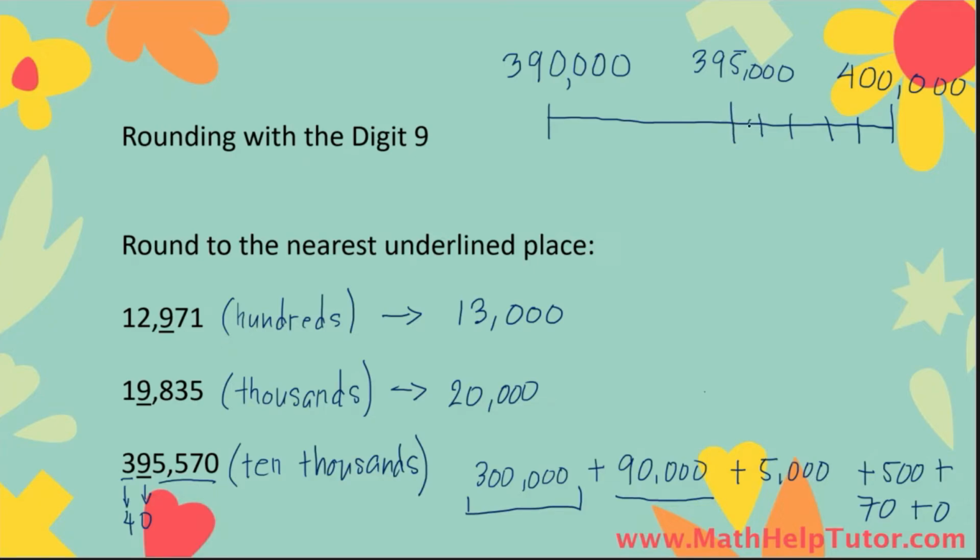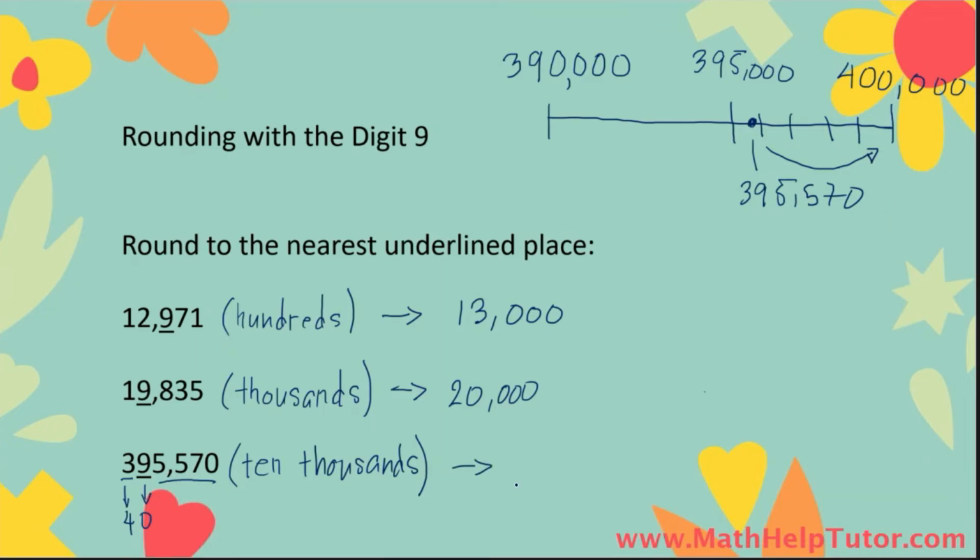So it's around here. So that's our number. And as you can see, our number comes after 395,000 or is bigger than 395,000. So we know that our number is closer to the next 10,000s place, which is 400,000. So the answer to rounding this number to the nearest 10,000s place is 400,000.